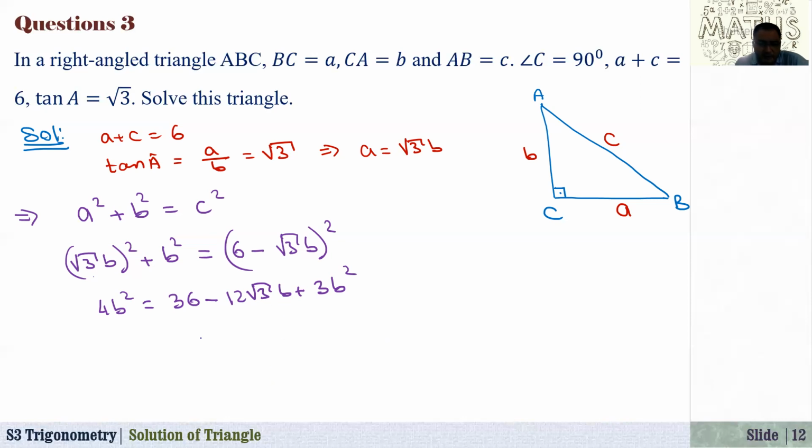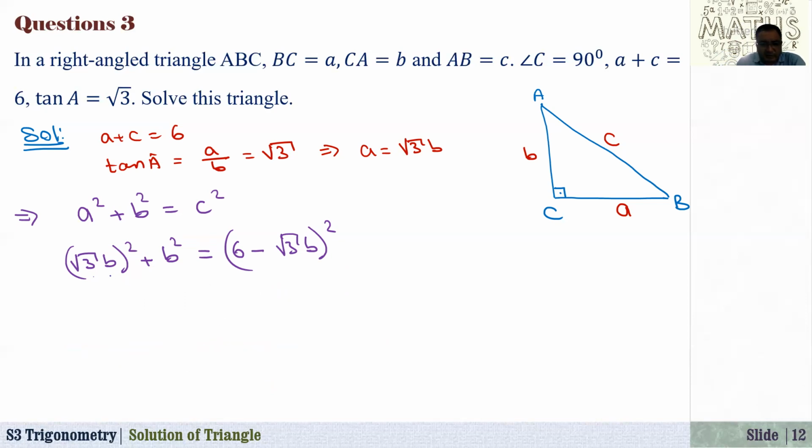Okay, let's see. Take everything to the left-hand side. Here we have B squared plus 12 square root of 3 B minus 36 equal to 0. Actually, again, I think since we know that B is positive, we don't have to do it like this.